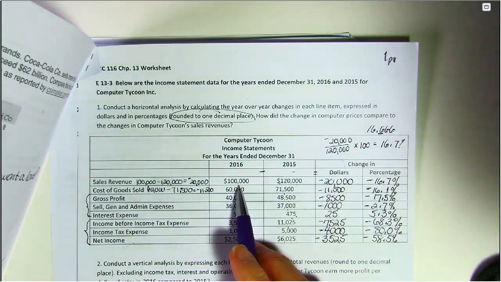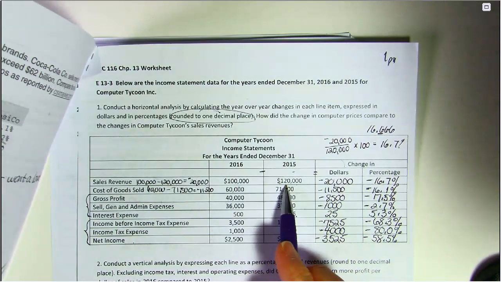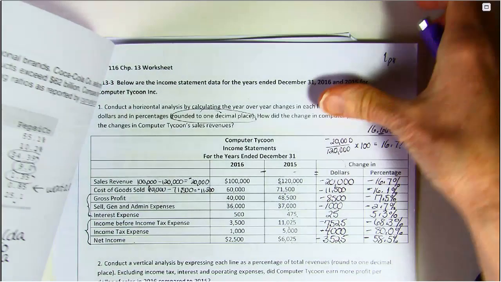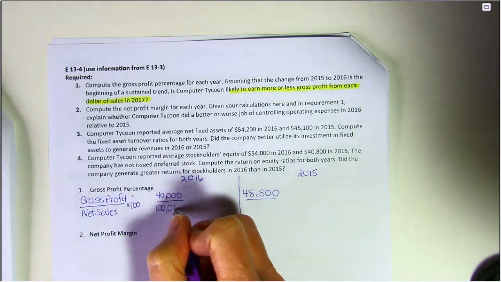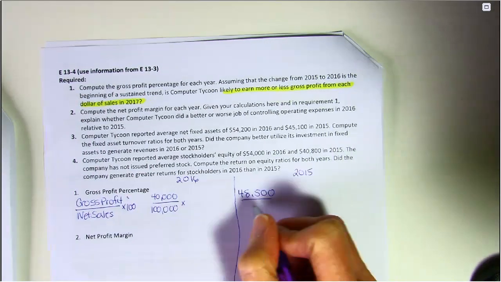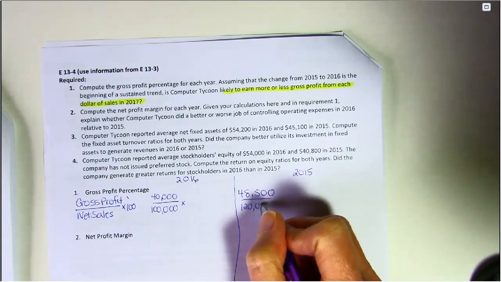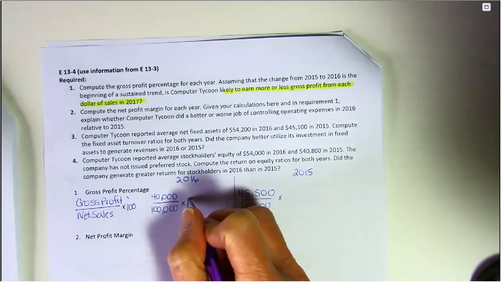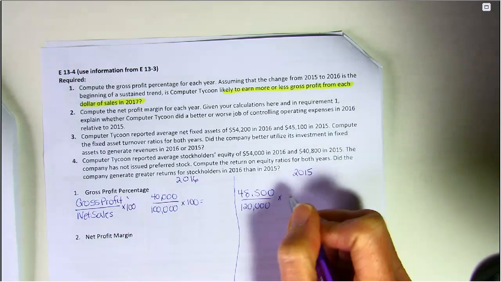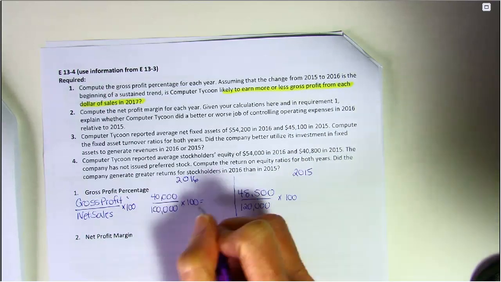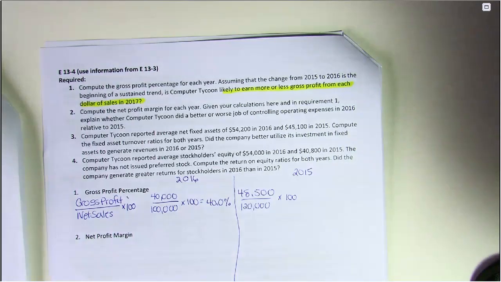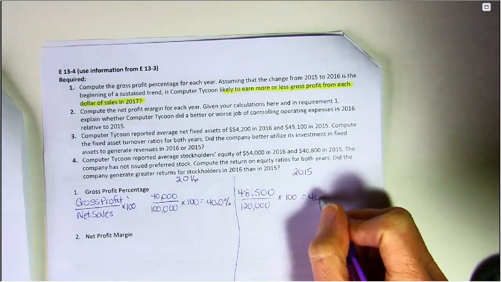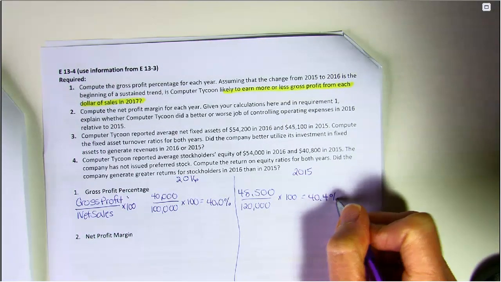In 2016, it's $100,000. In 2015, it's $120,000. And we're going to be multiplying by 100, remember? To change that into a percent. And then we round to 1 decimal place. So we have 40% even in 2016 and 40.4% in 2015.